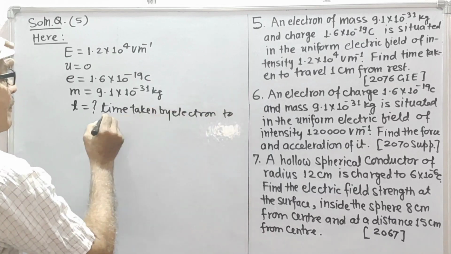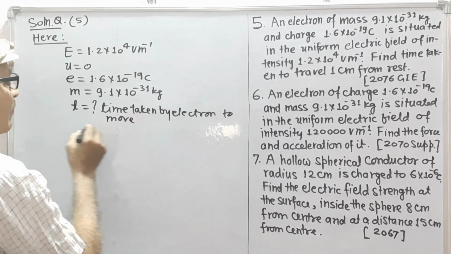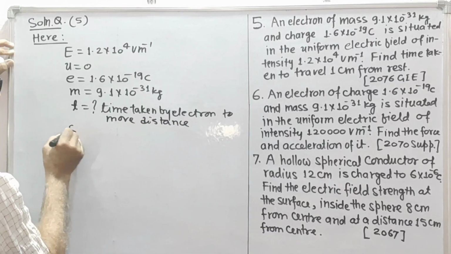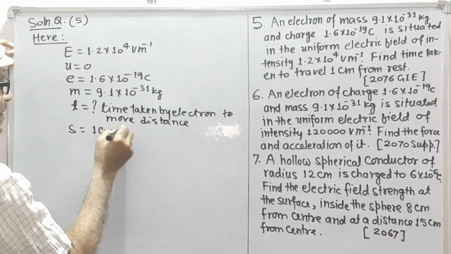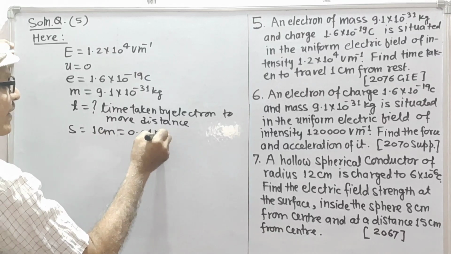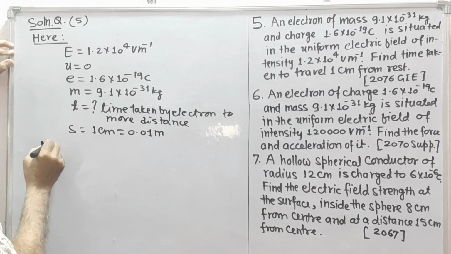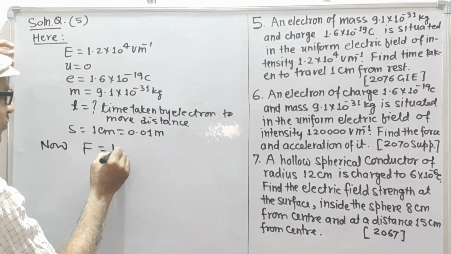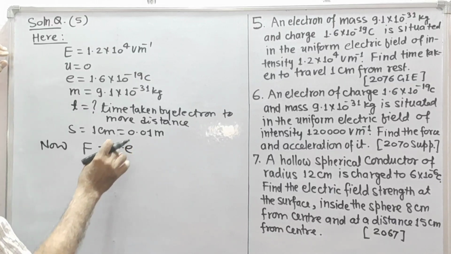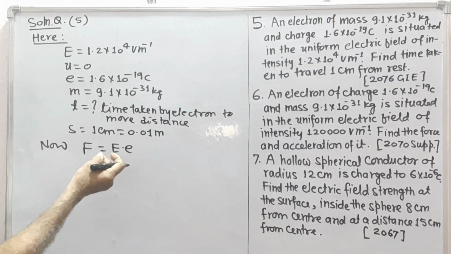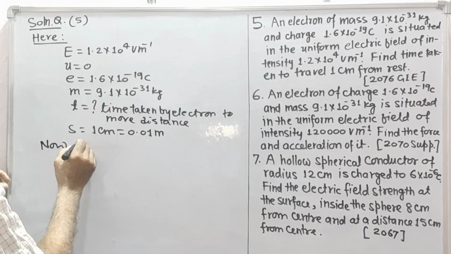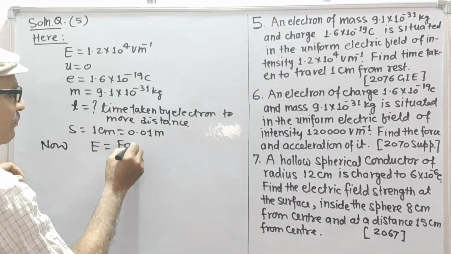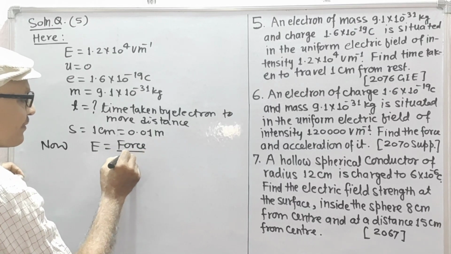To move distance S is equal to 1 cm, which means 0.01 meter. Now, force on electron is equal to E into E, because electric field is defined as force per unit charge.